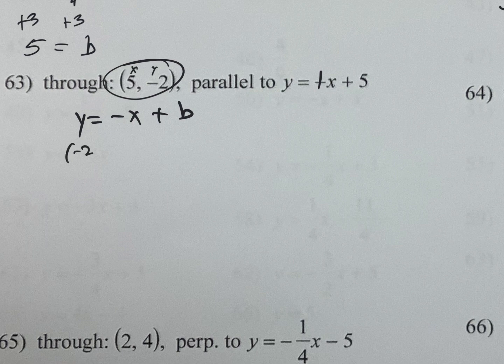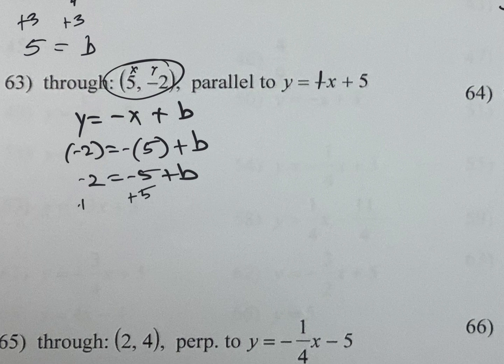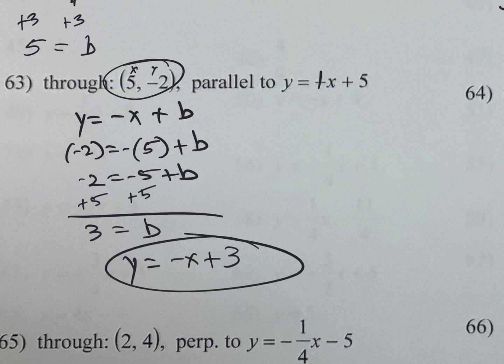So y is negative 2, x is 5, and now we solve. So negative 2 equals negative 5 plus b. Add 5 to both sides. So 3 equals b. Then rewrite your equation. So y equals negative x plus 3. And that's how you do the parallel line.